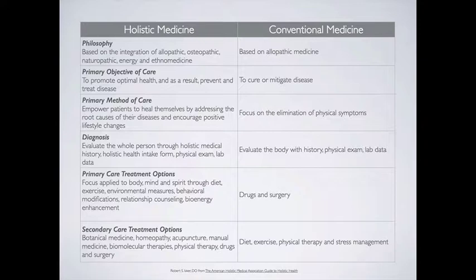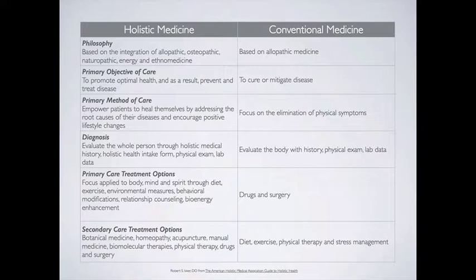The primary method of care with holistic medicine is, again, we've been talking about this, really to empower the patients to heal themselves. Really, I think the philosophical underpinning is that all people have the potential to heal, right?